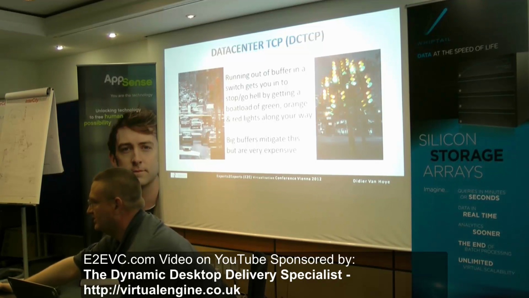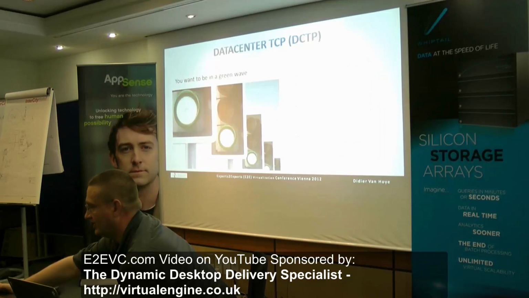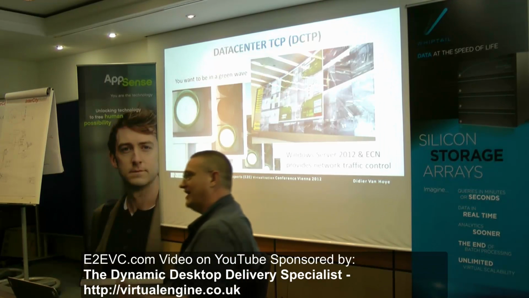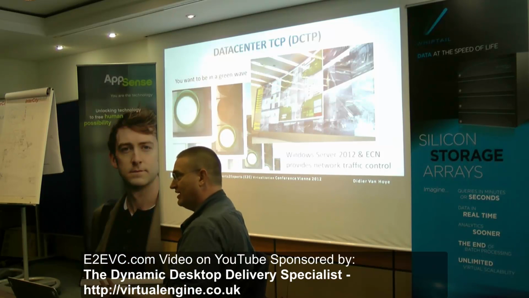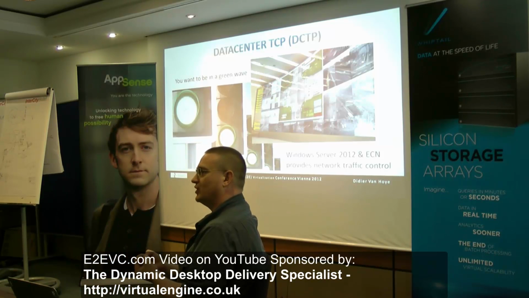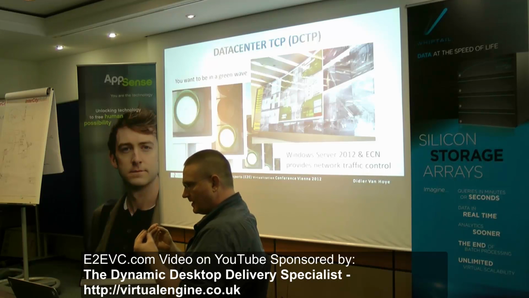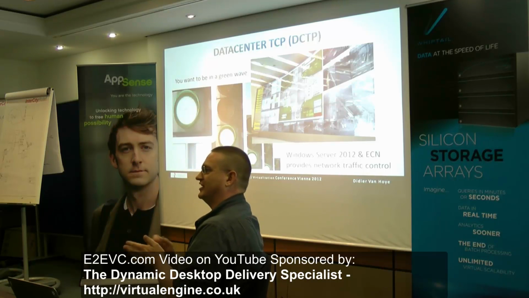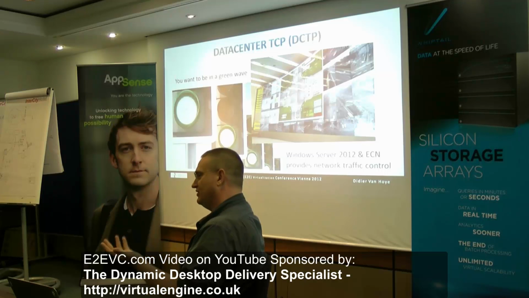So what Data Center TCP does with Windows Server 2012 is this. It creates a green wave, like in a car. But you need something for that, and that's the traffic center to control everything. And Windows now makes use of what they call explicit congestion notification. And that's built into just about any modern switch today.